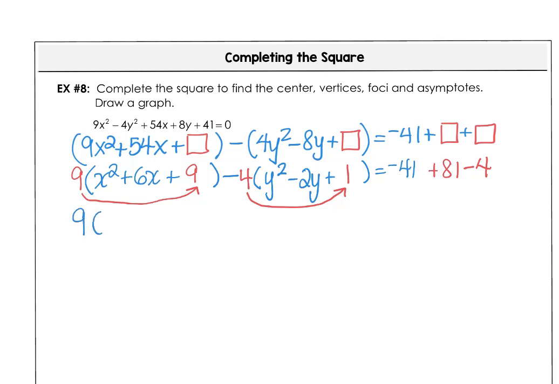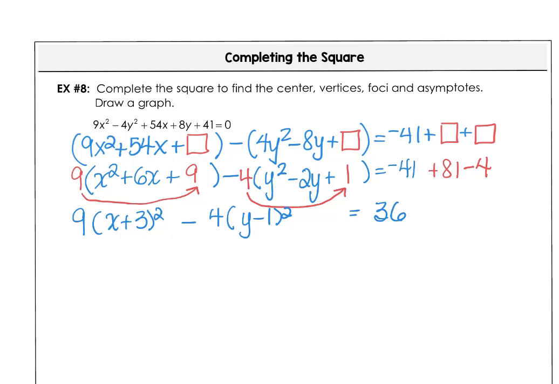Cleaning that up by factoring, we have x plus 3 quantity squared minus 4 times y minus 1 quantity squared, and 81 minus 45 leaves us 36.